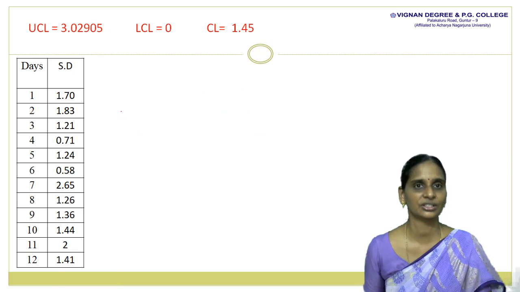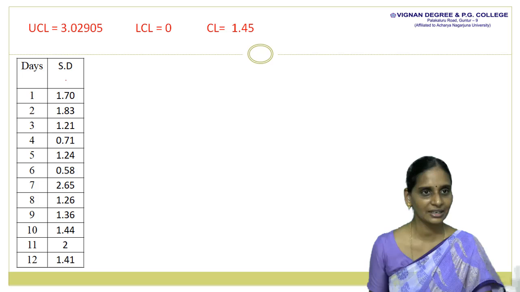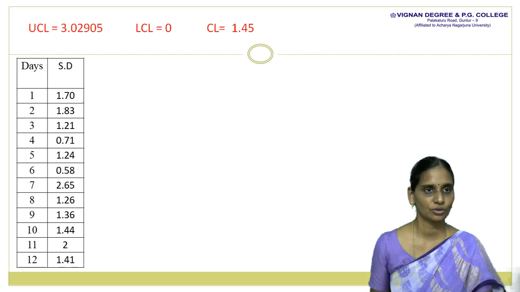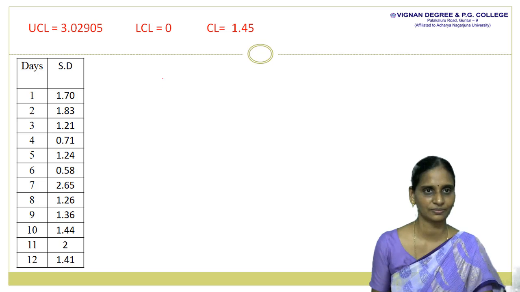Now the construction of the sigma chart. For this, we require the standard deviation values for 12 samples. In the previous slides, we found the standard deviation values for each and every sample. These are the standard deviation values for 12 samples, and we use them in the construction of the sigma chart.